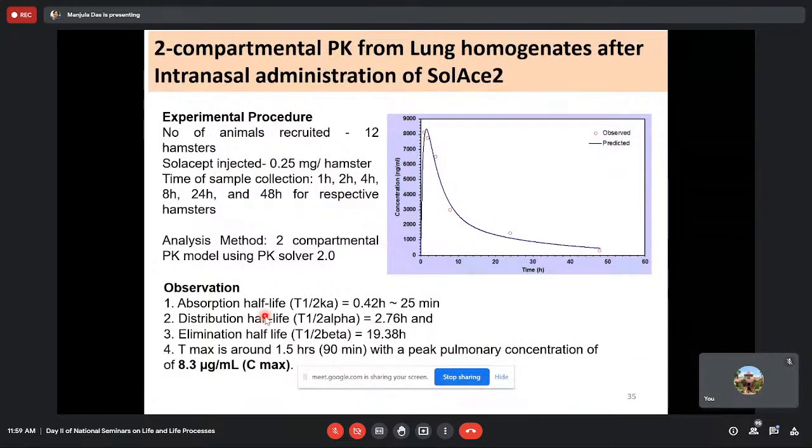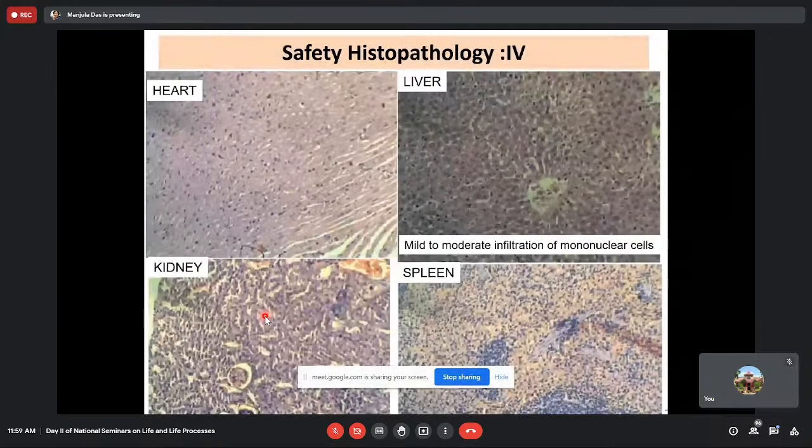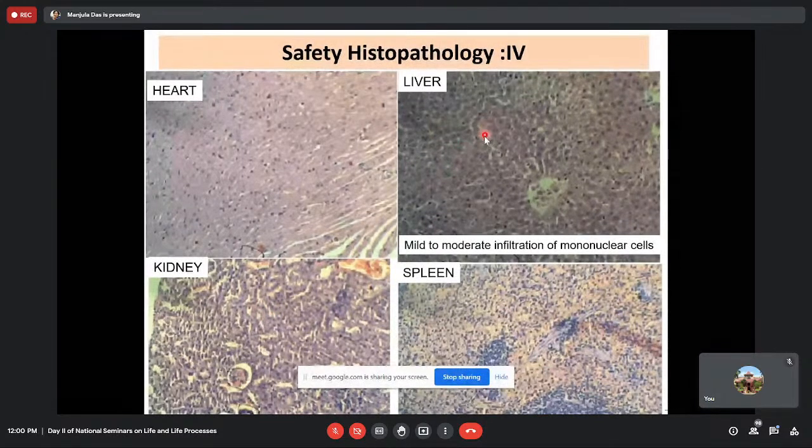So we used the intranasal route also to administer the drug, and we saw that it increased the PK. When we did it through IV, there is a little bit of toxicity in liver, but heart, kidney, spleen, everything was fine.